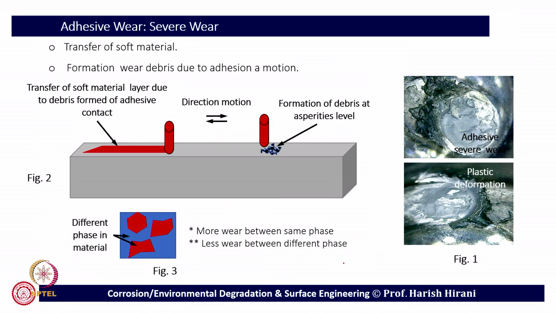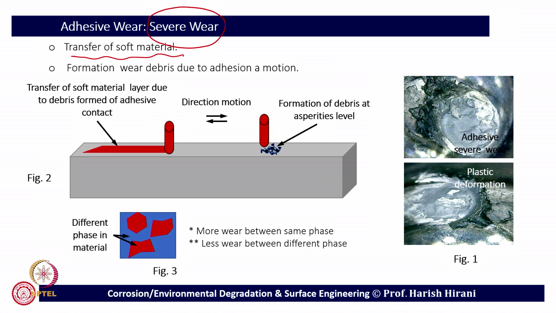Now, if I think in more detail, we can think about severe wear, which is very essential to minimize. That means, if we need to choose a material that is subjected to adhesive wear, we should not think about a softer material. As far as possible, the hardness of the two surfaces should be almost equal.